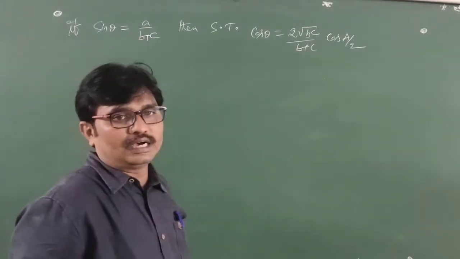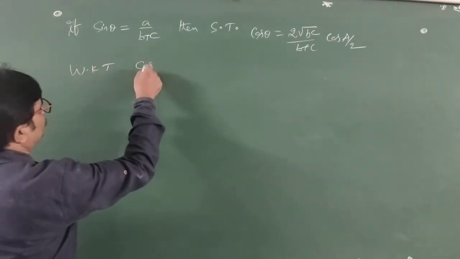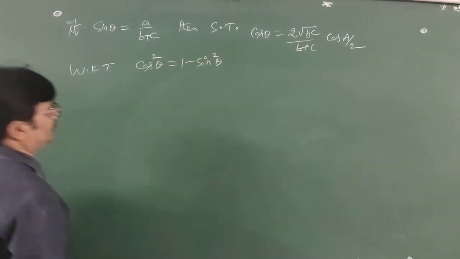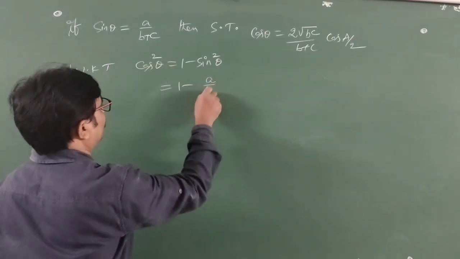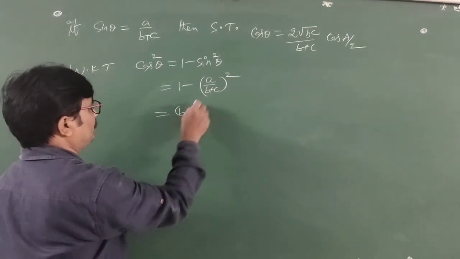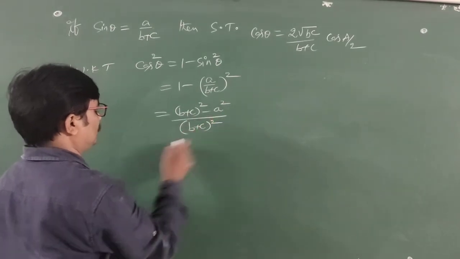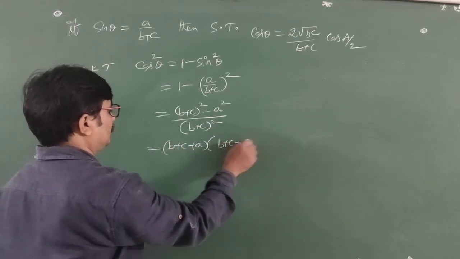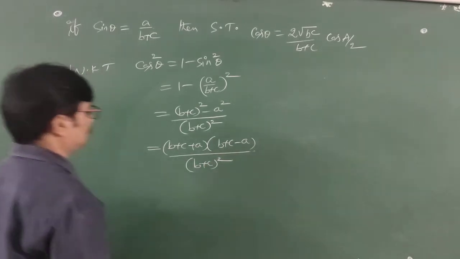Now we find cos theta. So we have to know that cos square theta equal to 1 minus sin square theta. That is 1 minus sin square theta, which is a by b plus c whole square. b plus c whole square minus a square by b plus c whole square. b plus c plus a into b plus c minus a, therefore b plus c whole square.